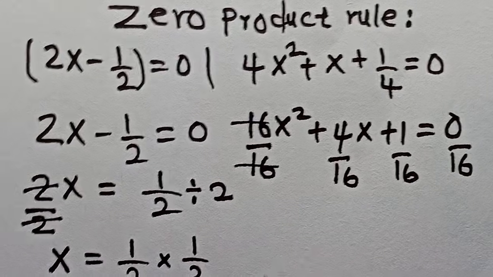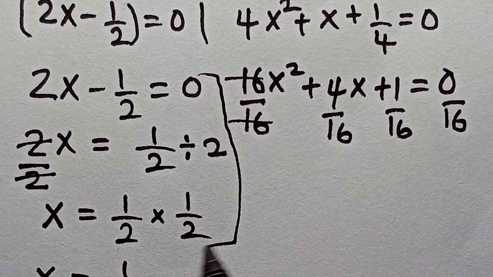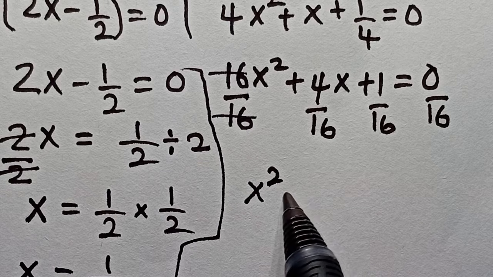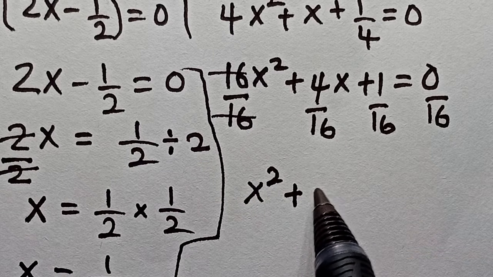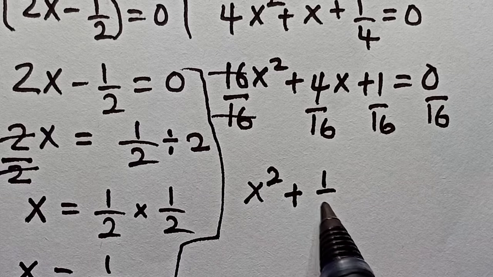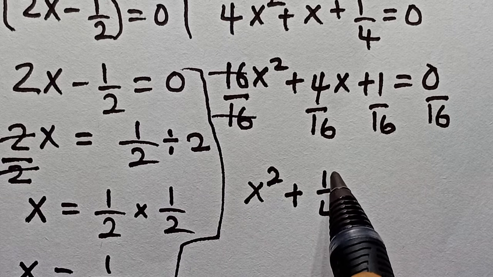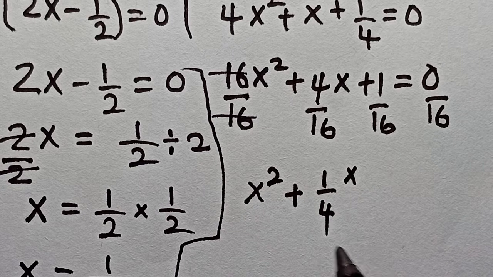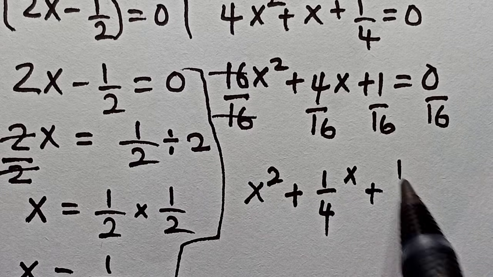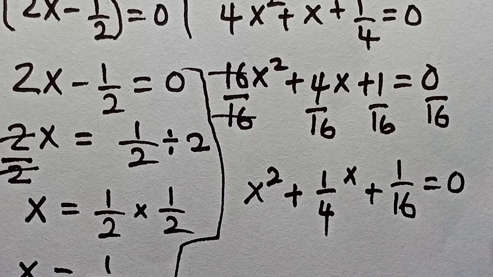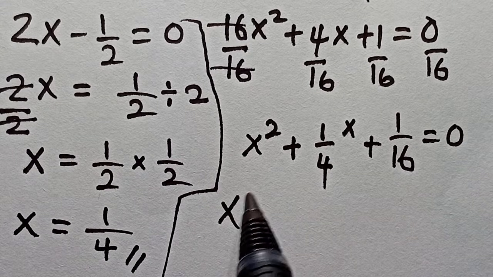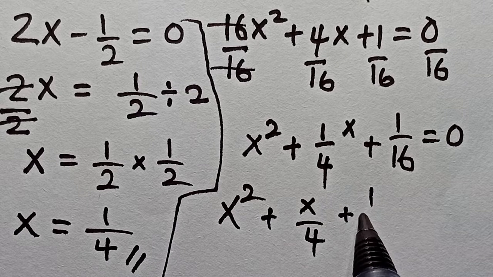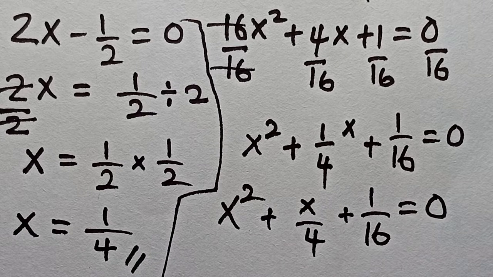So this will cancel out, this will be x squared, and this will be 1/4 multiplied by x, and this will be 1/16 equals 0. So we have x squared plus x over 4 plus 1/16 equals 0.